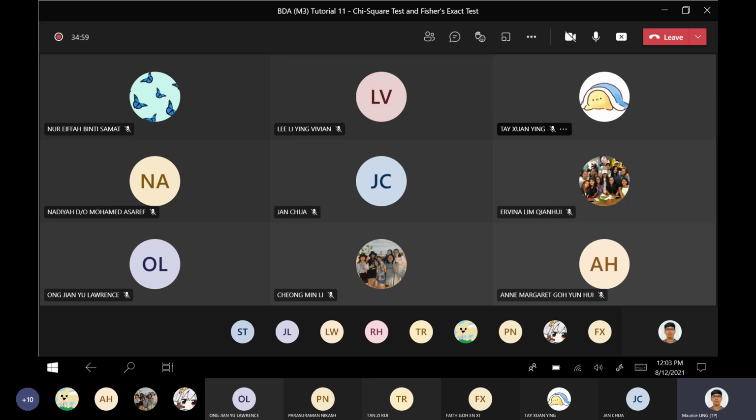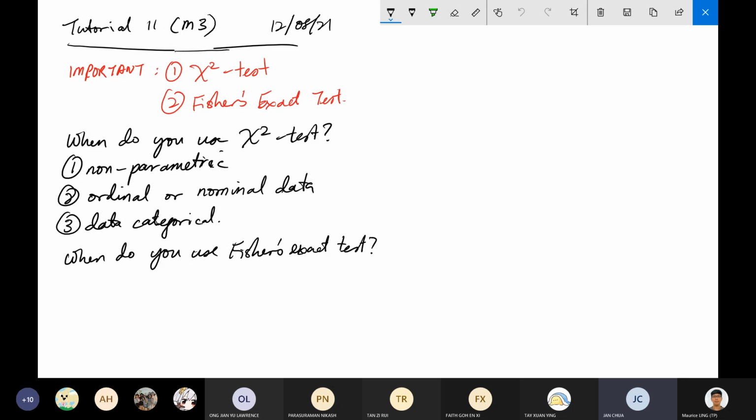So Jen, when do you use Fisher exact test? When one of the samples the thing is less than 5. What thing is less than 5? You know the n, is it? Okay, correct. So when count is less than 5.